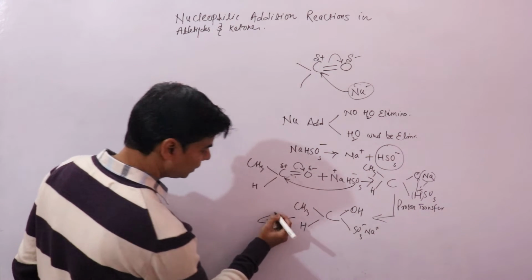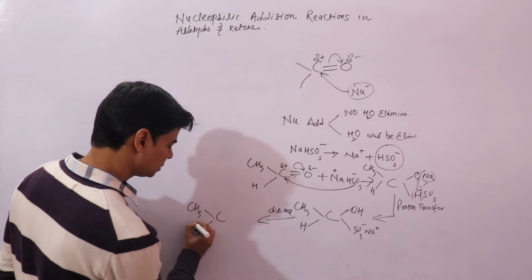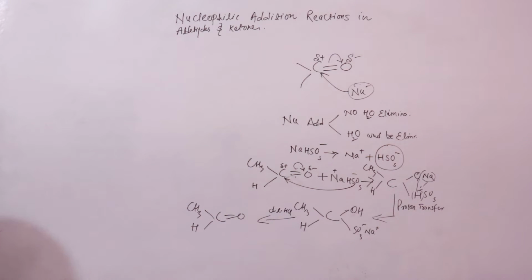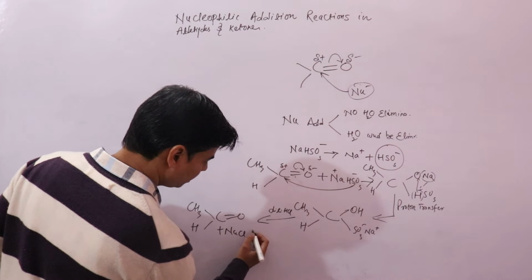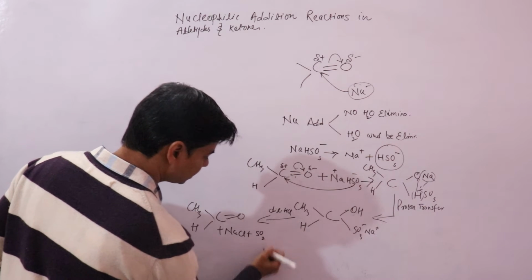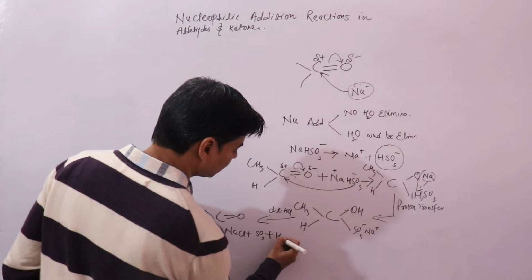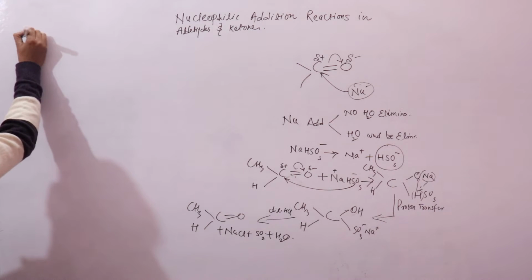If we treat it with, say, dilute HCl, we will get the carbonyl compound back, and along with it, since we have a bisulfite here, we get sodium chloride, sulfur dioxide, and water. This is one reaction.